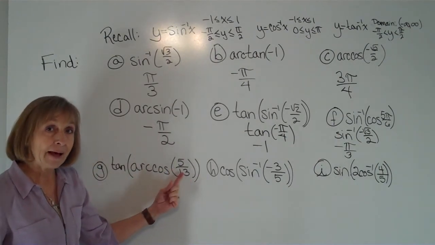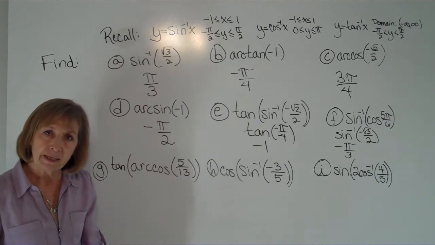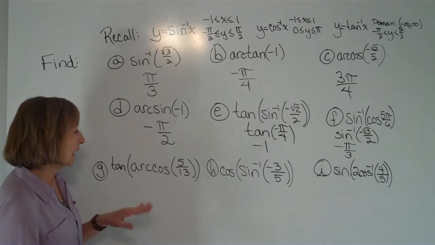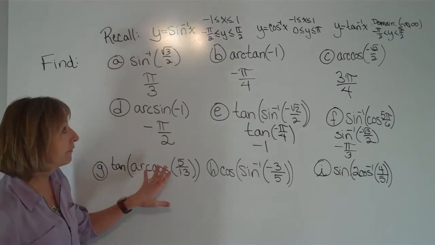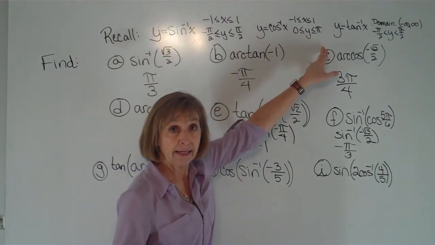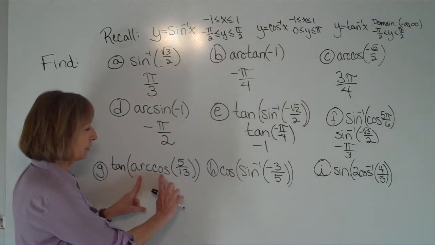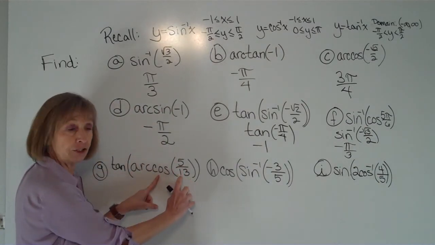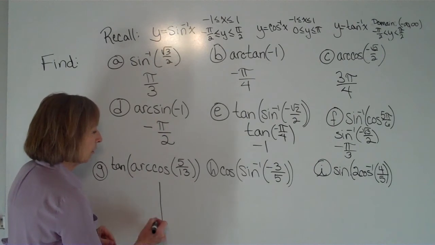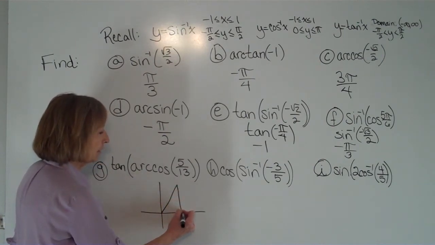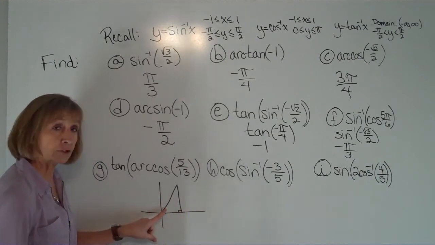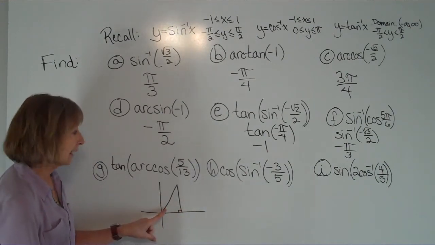So when that happens, I want to make a right triangle. And remember, the output span for the inverse cosine function is from 0 to π, but this is the inverse cosine of a positive ratio. So I'm going to draw a right triangle that is a first quadrant angle.